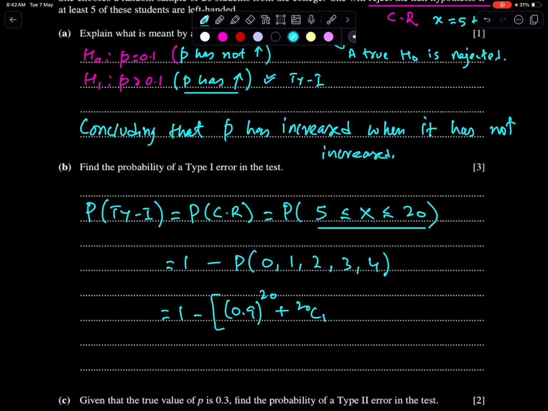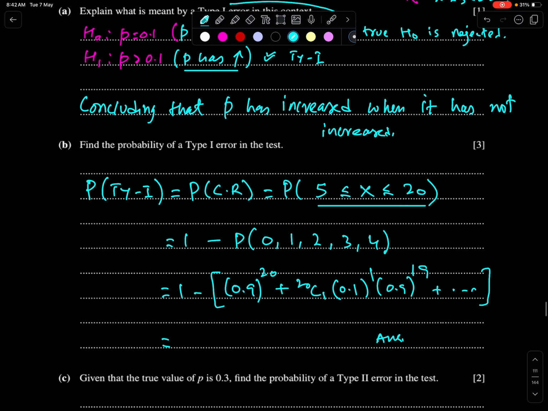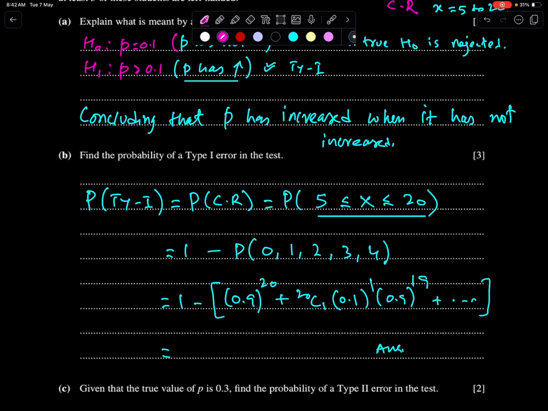Then 20C1, p power 1, q power 19, and so on. Let me check this number. This is 0.0432. Make sure you give your answer up to 3 significant figures.